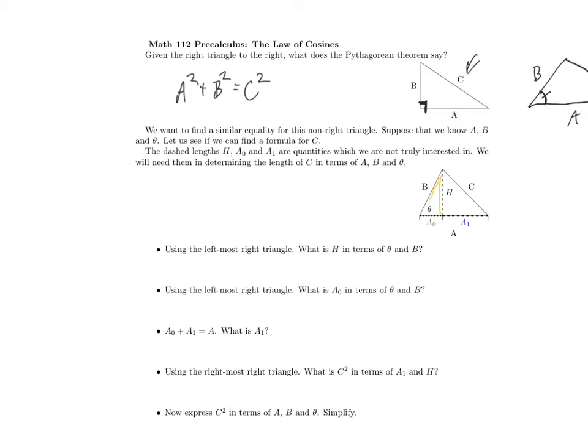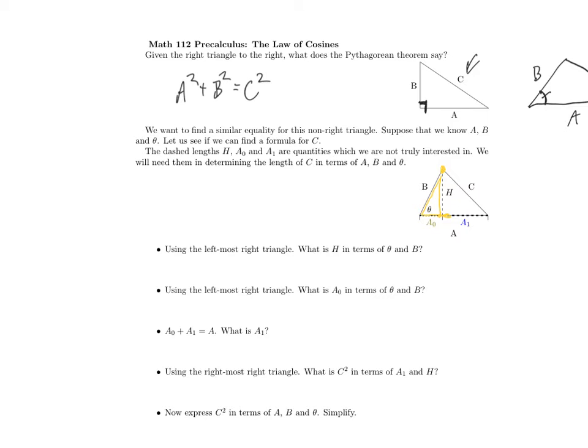If I drop a perpendicular from this point to that line, then that will break this triangle up into two smaller right triangles. So let's study that. I'm not actually interested in the side length h, the height of the triangle, or a0 and a1, what dropping that height does to that bottom length, but I'll need to understand them in order to get a hold of the side length c, the thing that I'm really interested in.